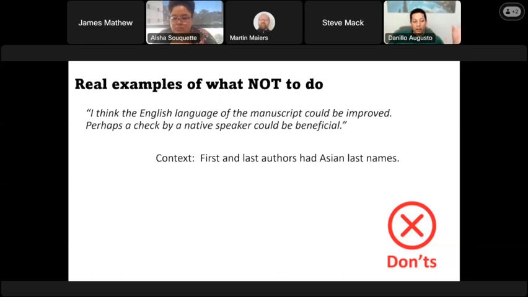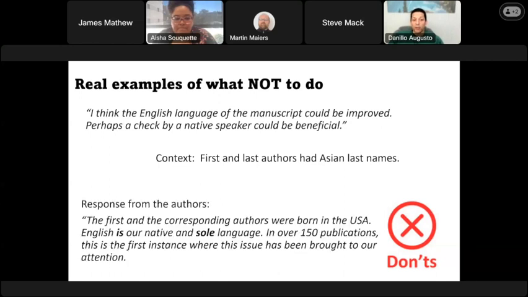And then the authors reached out to me and they said, we are very offended and we think this is racist. And their response was, the first and the corresponding authors were born in the US. English is our native and sole language, and over 150 publications, this is the first time this has been brought to our attention.